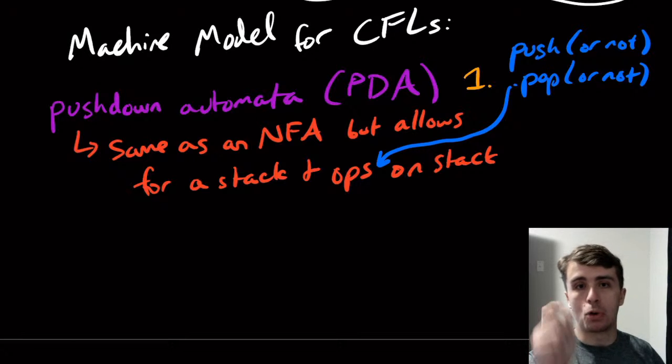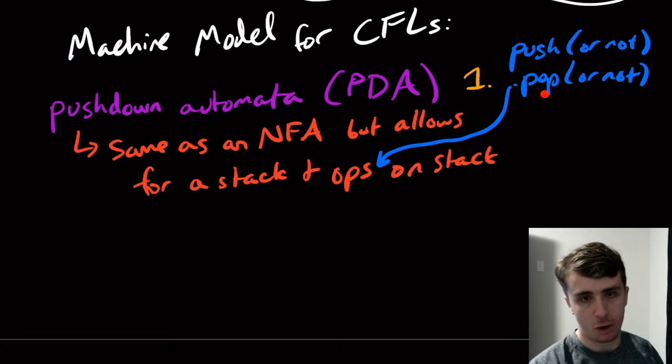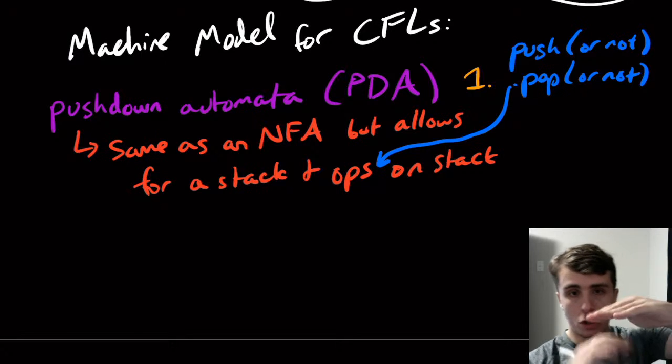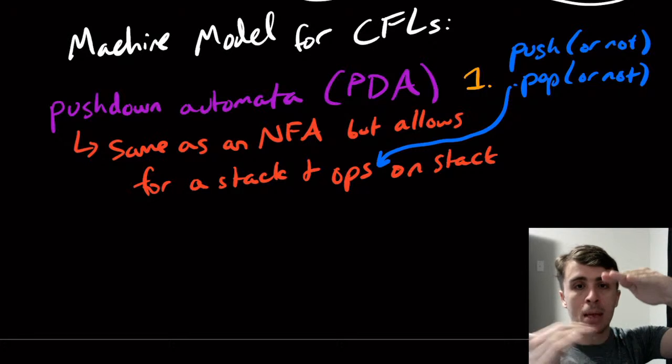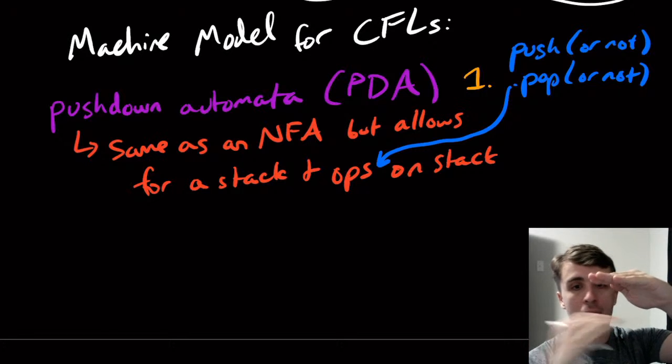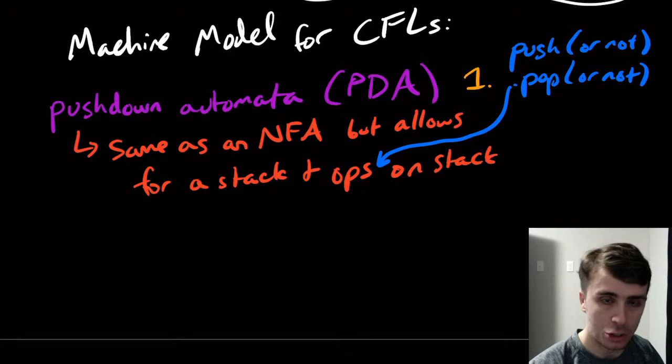If you want to push and pop something, which kind of just means change the top symbol on the stack, you have to pop first. Because if you try to push first, because of how the stack works, the thing you push is on the top, but the thing you want to pop is not on the top of the stack anymore. So you have to pop first.